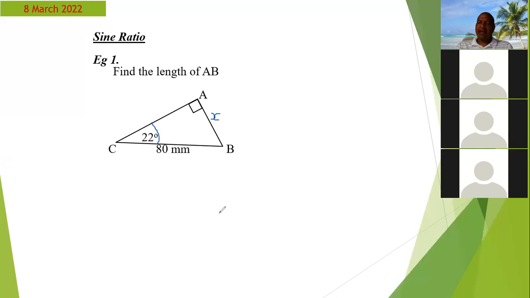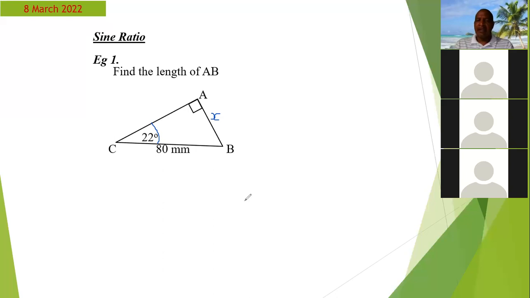So what is the relation with the side X to the angle C? Anybody? Opposite. Opposite. And what is the relation with the side 80 millimeters to the angle C? Adjacent. I want you to look carefully at your triangle before you decide.